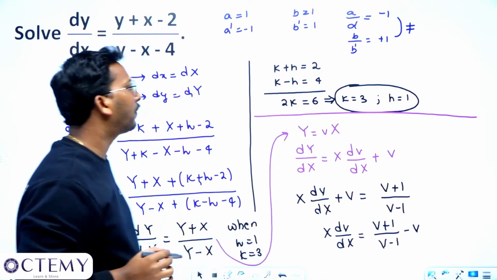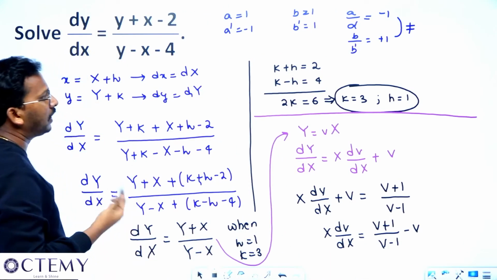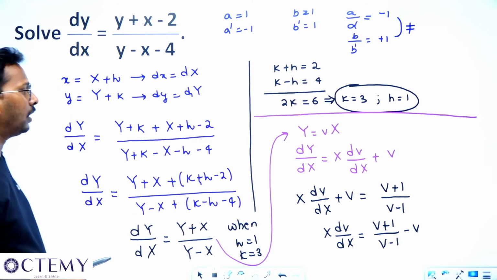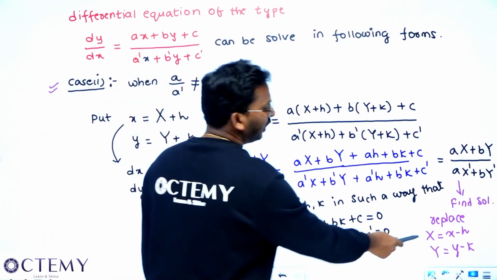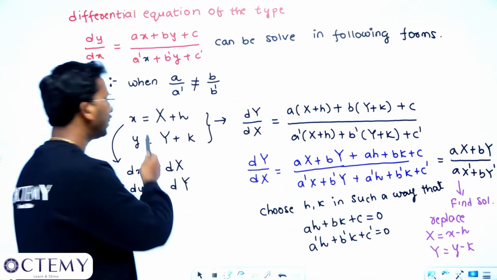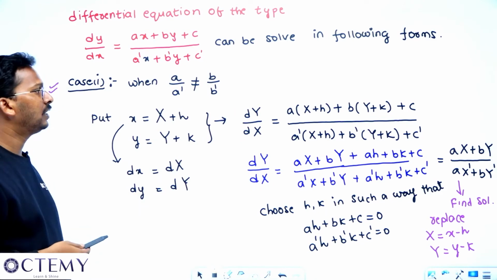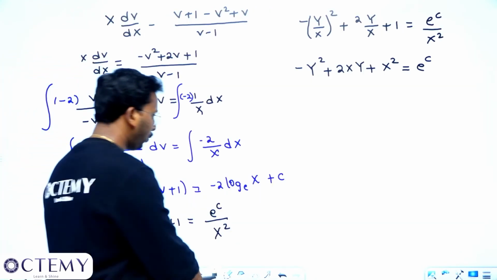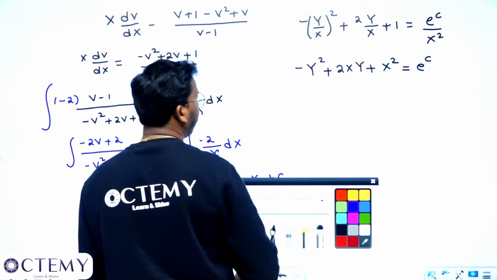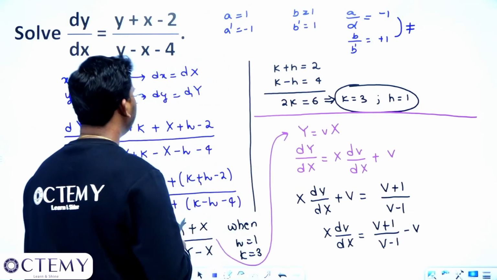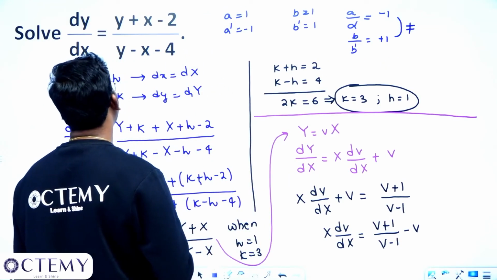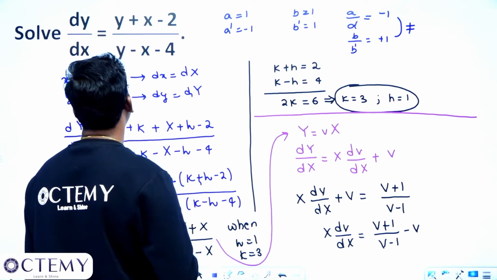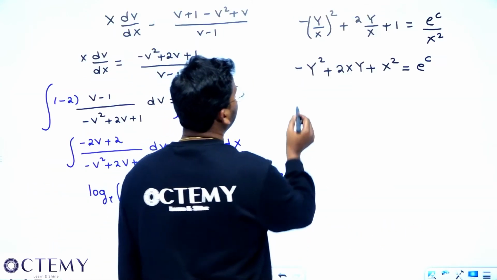But this is in terms of capital X, capital Y. After the end of the solution, what I have to do? I have told you here, after the end of the solution, replace capital X with small x minus h, and capital Y is small y minus k.